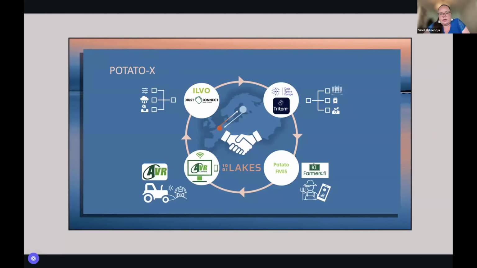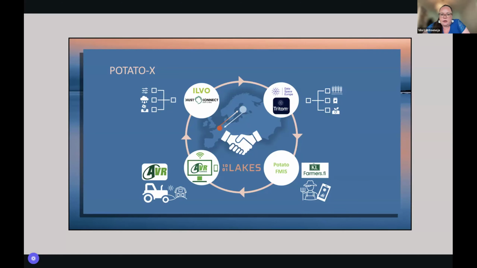So what we actually set about to do was connecting the 4 white dots on this slide. On the bottom right-hand corner, you have Peter. Peter is a Finnish potato farmer. He uses an FMIS service, that's the Farm Management Information System.